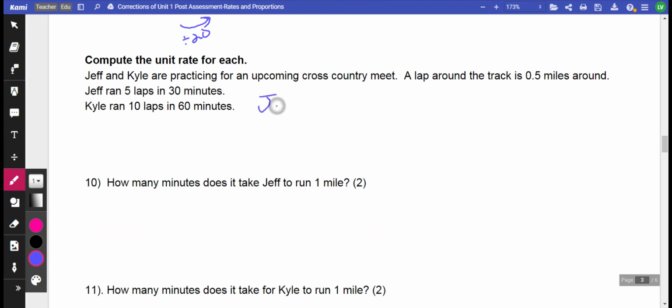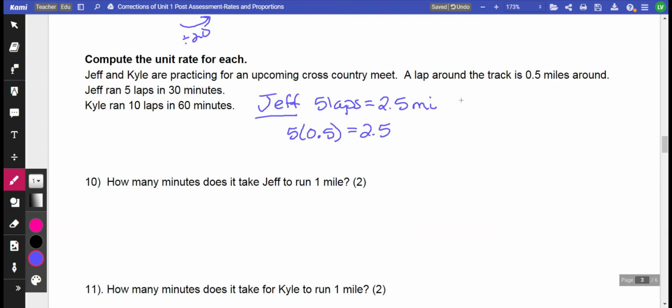So let's first start with Jeff. 5 laps is equivalent to 2.5 miles. The way I had that was 5 representing the laps times half a mile for each lap, which is 2.5. Then for Kyle, he ran 10 laps, which is equivalent to 5 miles.